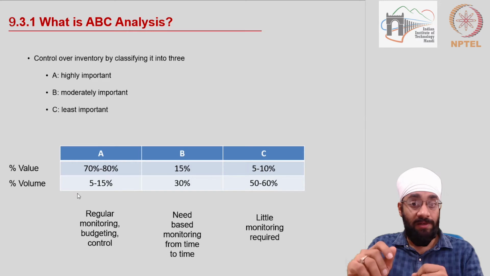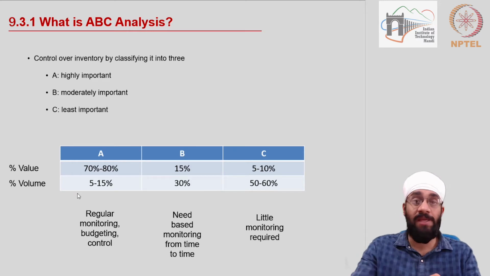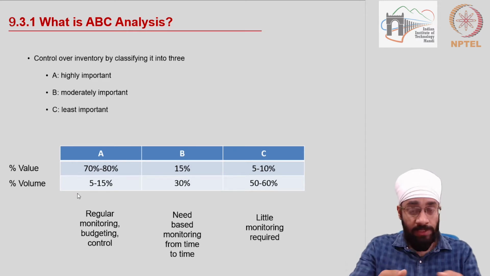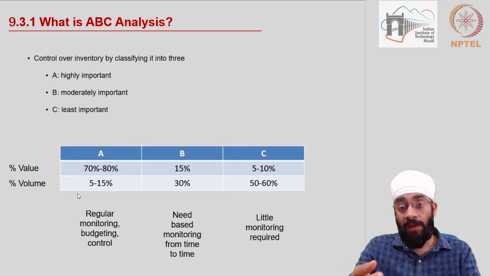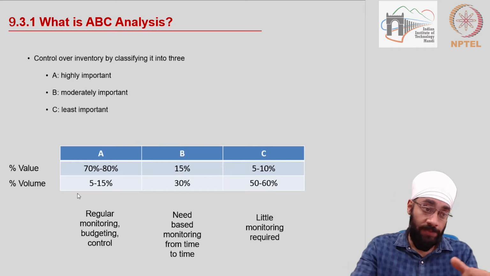So these are high value items. The per unit price of these stock items is typically very high compared to the rest of the stock items.